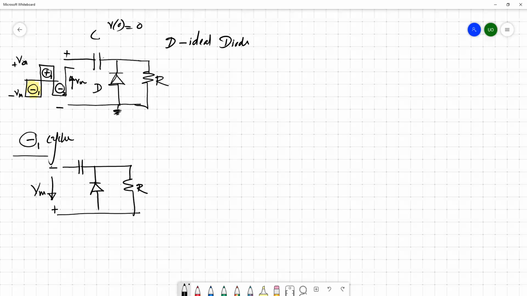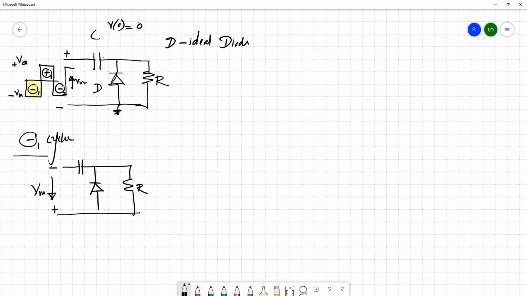We apply a negative voltage across the input. The direction of the voltage is like this: here it's minus, here it's plus. The voltage you apply is Vm, so it's a negative voltage. We capture this negative by changing the polarity and putting the magnitude here.